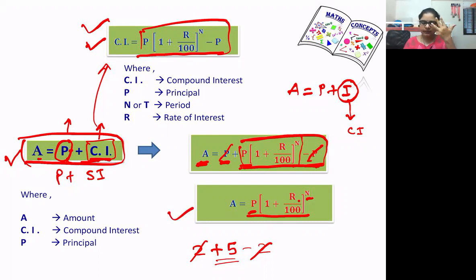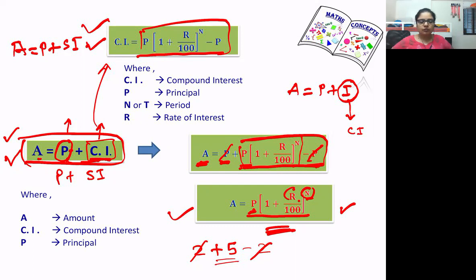In case of simple interest, you can always calculate amount equal to P plus SI. In case of compound interest, you can apply this or this. This way, you don't need to calculate compound interest. You can directly get amount based on all values of principal, rate, and number of years.